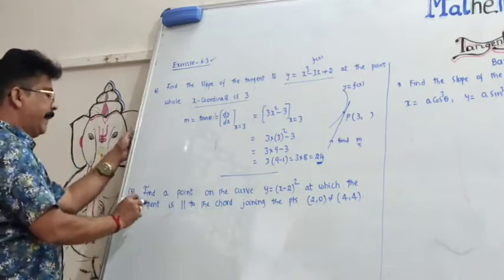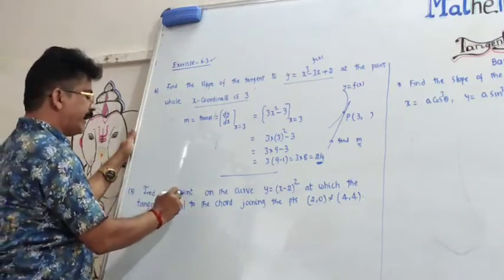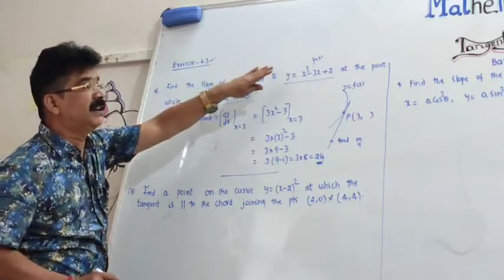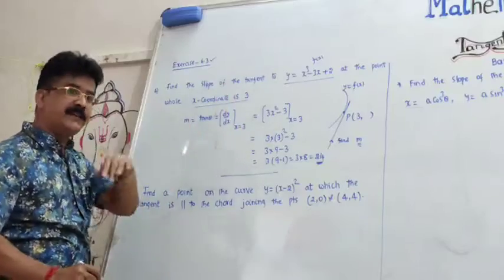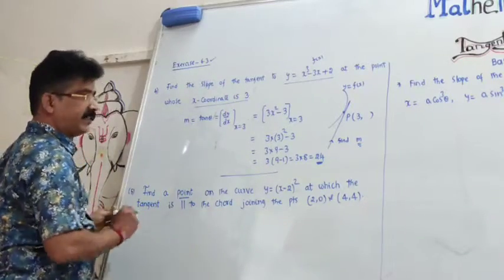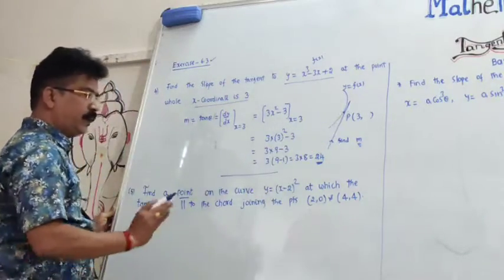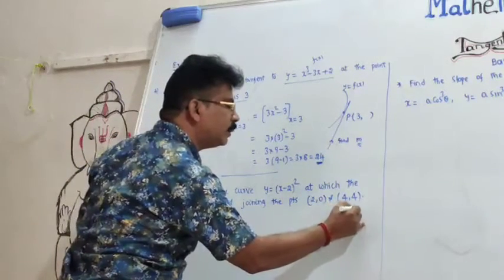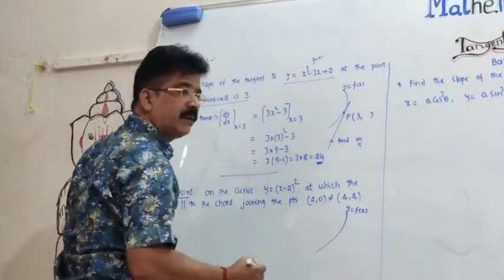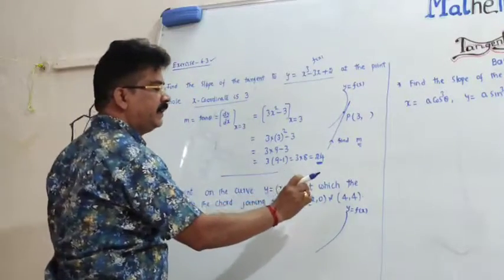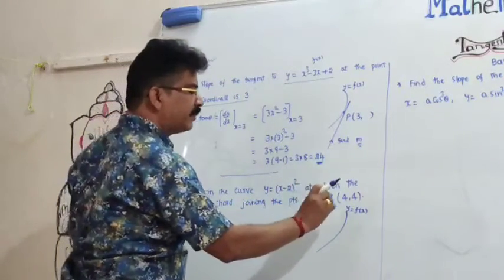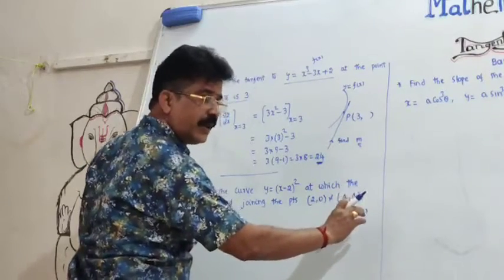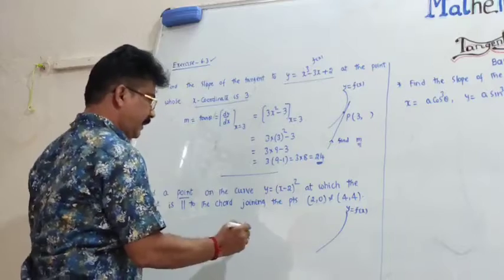Next, second question. Another question: find a point. Finding the slope for different curves is one type. Second model is finding the points, meaning P of x1, y1. For example, I am not taking the perfect graph, I am just explaining with a general estimation graph, y is equal to f of x.